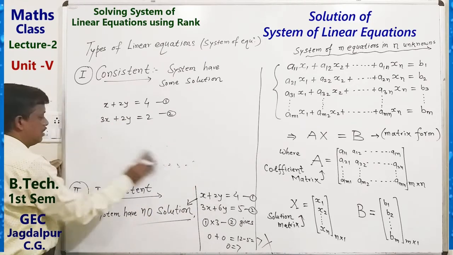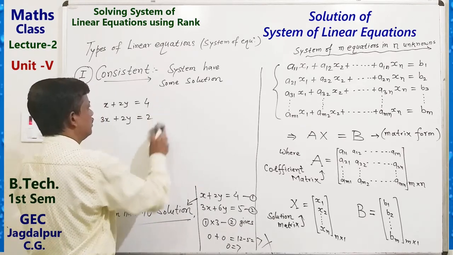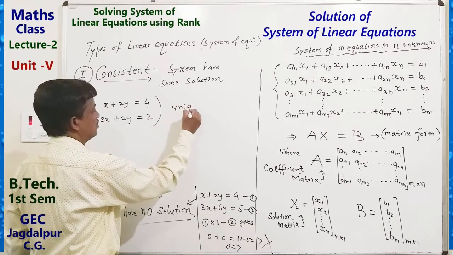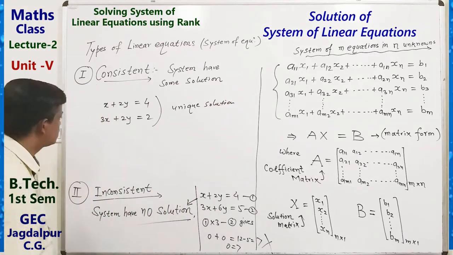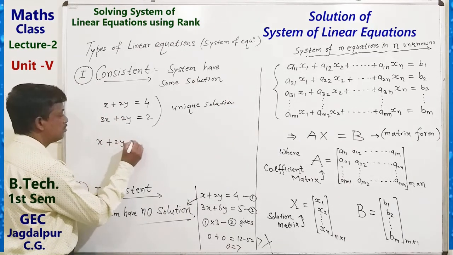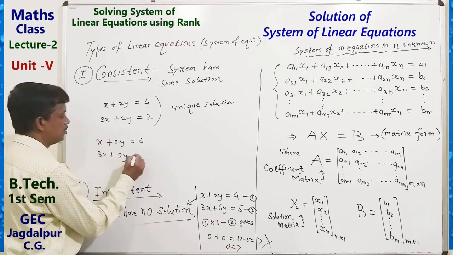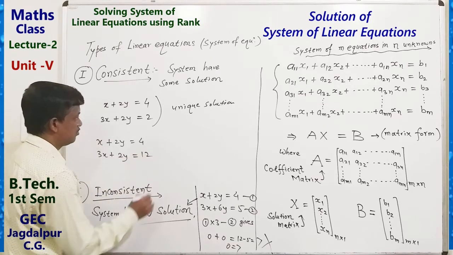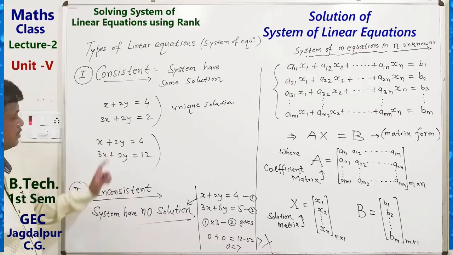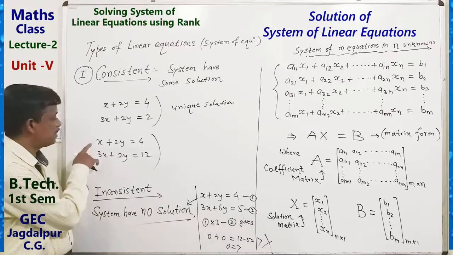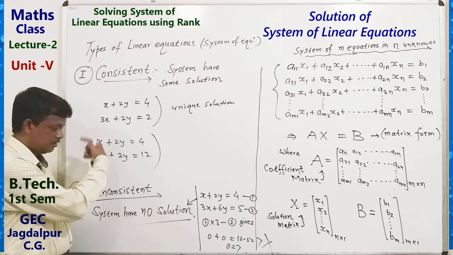Now an example for infinite solutions. Suppose we are taking x plus 2y equals to 4 and 3x plus 6y equals to 12. In this case, just multiply equation 1 by 3 and subtract.